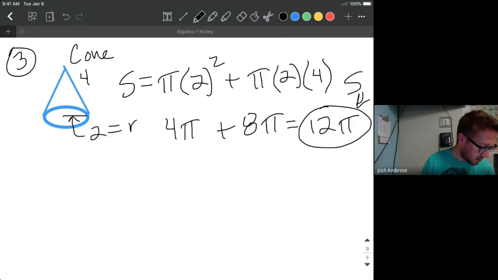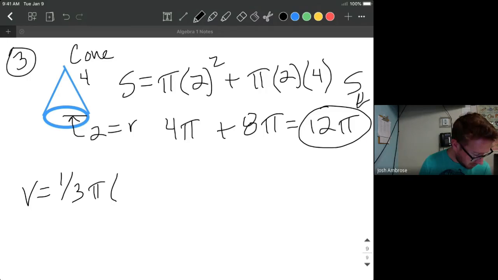Now let's take a look at our volume for a cone. So for volume, the equation is 1/3 pi multiplied by r, which is our radius. Remember, that's 2 squared, then multiplied by our height. And in this case, that part is on me. I need to give you a height.